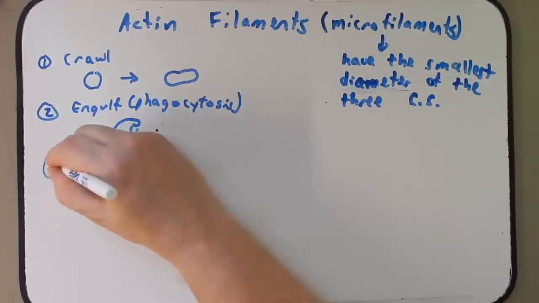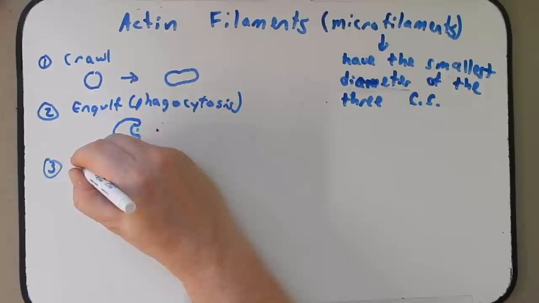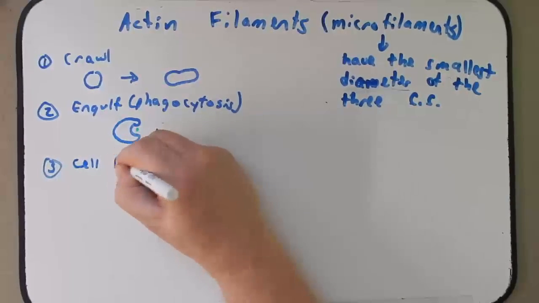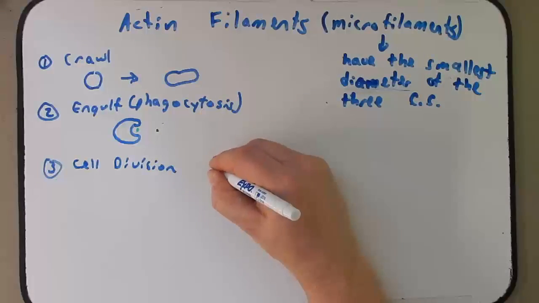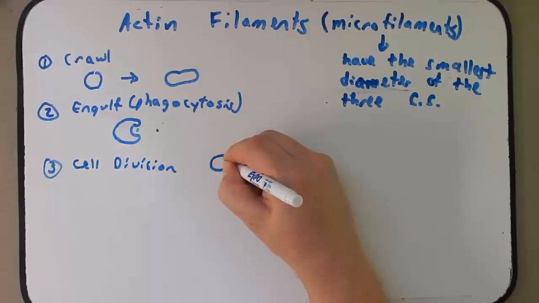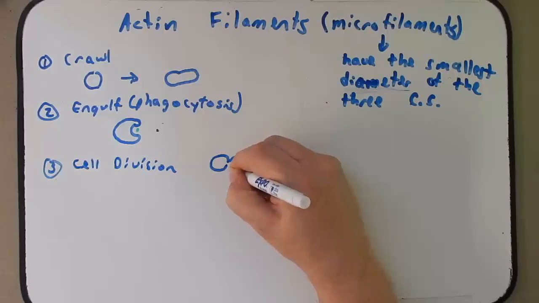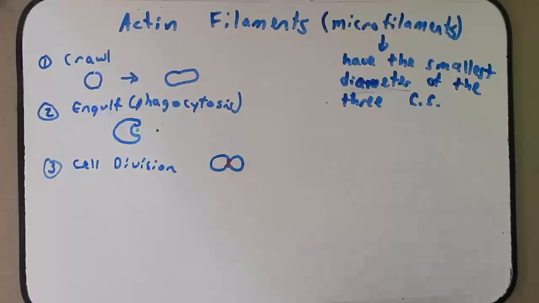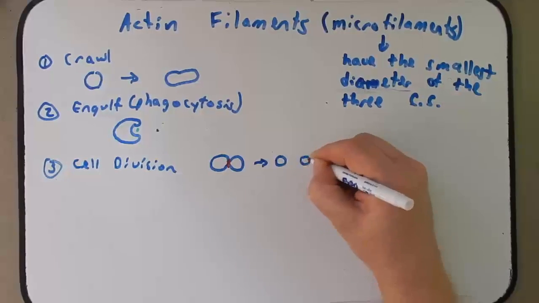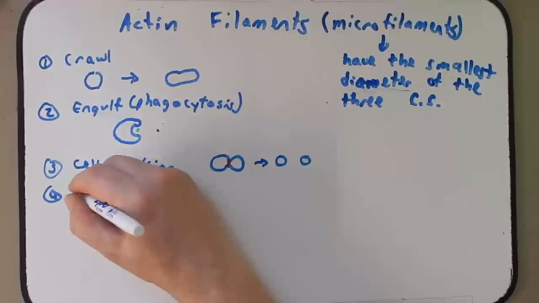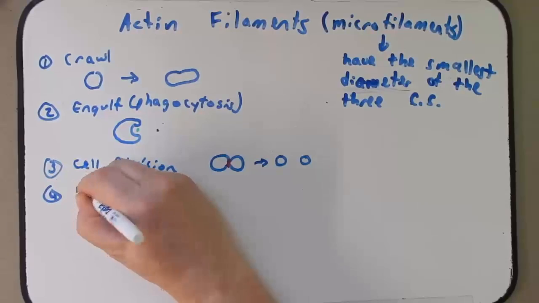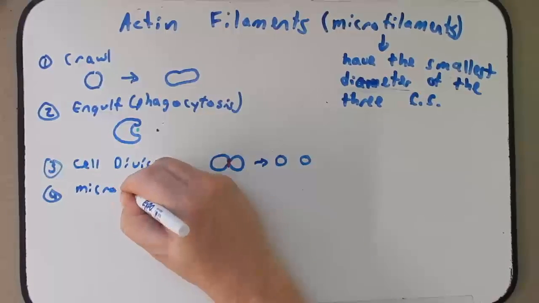Third, the actin cytoskeleton is important in cell division. As a cell completes its mitotic cell cycle and it divides in two, actin plays a role in pinching these two cells off to form the separation in these two new cells. The actin cytoskeleton also functions in the formation of microvilli.